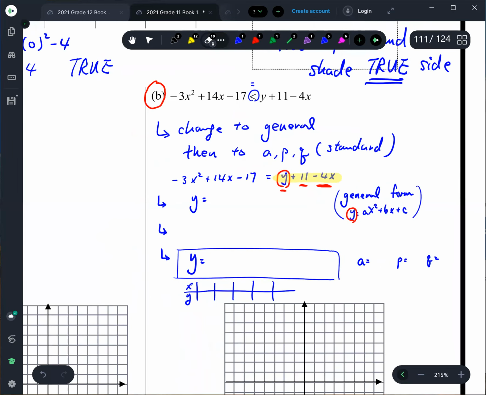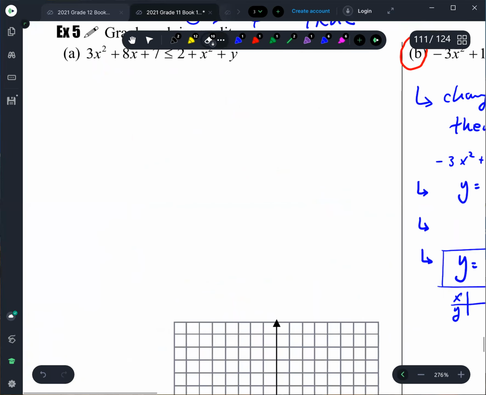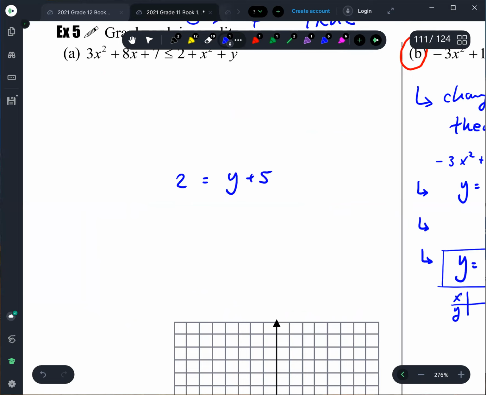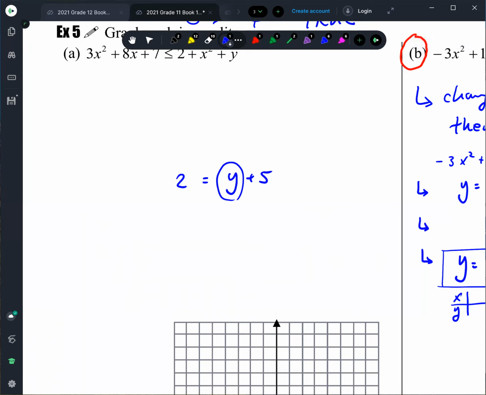No? Okay, let's go to the side. Let me try this. If you have 2 equal to y plus 5, how do you isolate the y? y moves to the left. Now you want to keep the y here. Don't touch the y. The y stays there. So which one needs to move? 2.